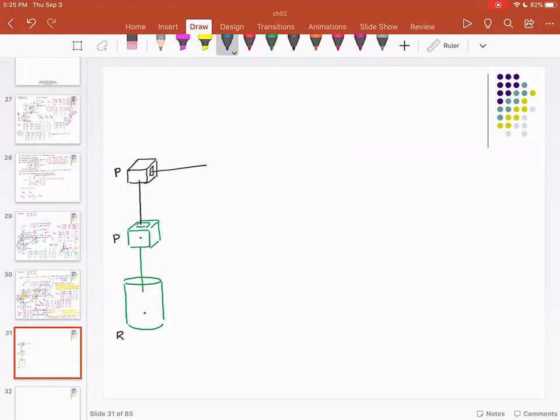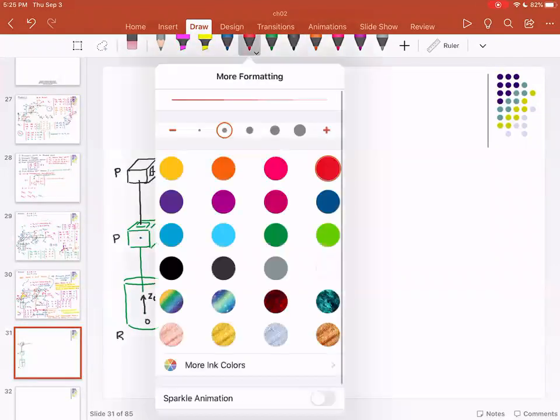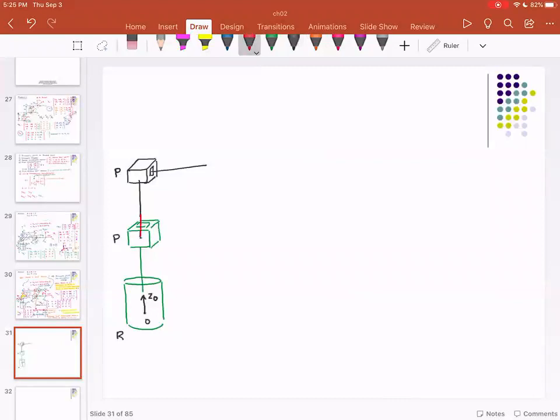So let's start with the convention. This is my frame 0, so this is Z0. This is my frame 1, so this is going to be my Z1. This is my frame 2, so this is going to be Z2. Next, I'm going to write down X0.